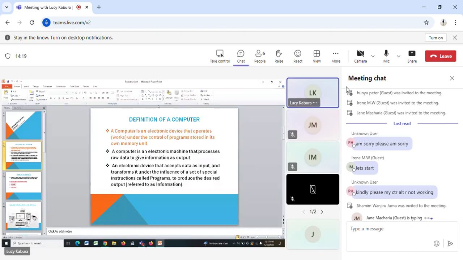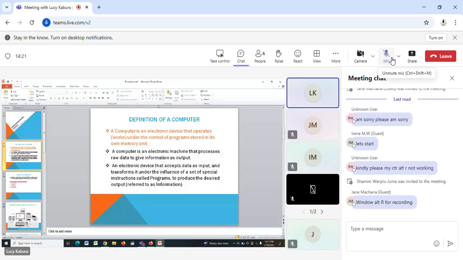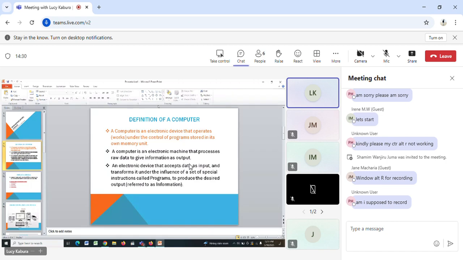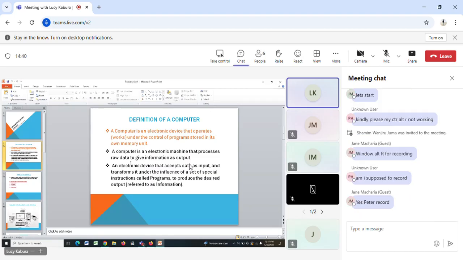Yes, we can define the computer as an electronic device, that is a keyword, that operates or works under the control of a program. Another person can define a computer as an electronic machine that processes the raw data to give information as output. These raw data are the things that you type in your keyboard, and the information is what is being projected in the monitor or the screen.